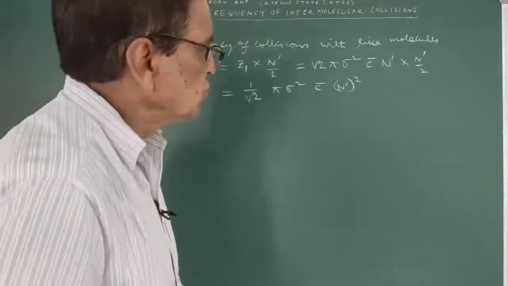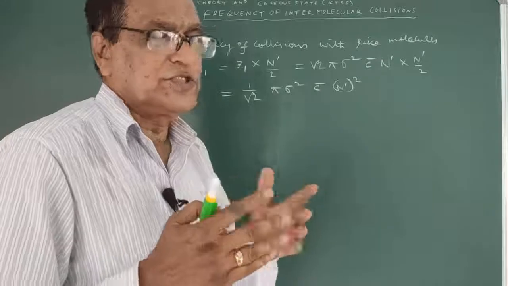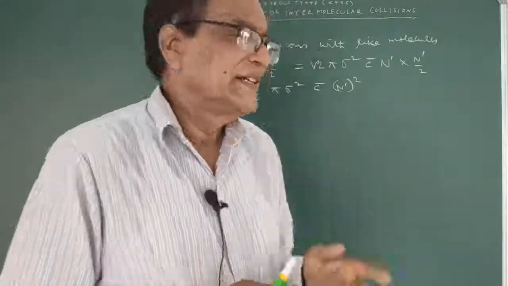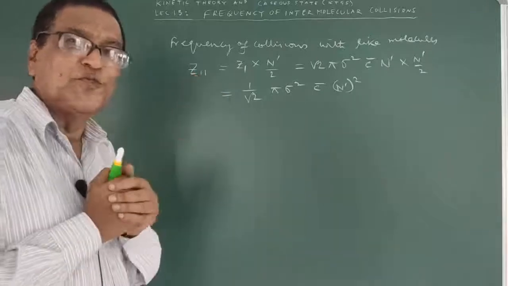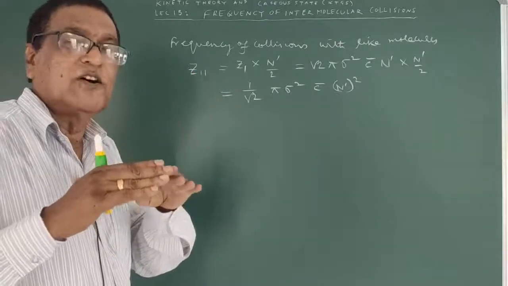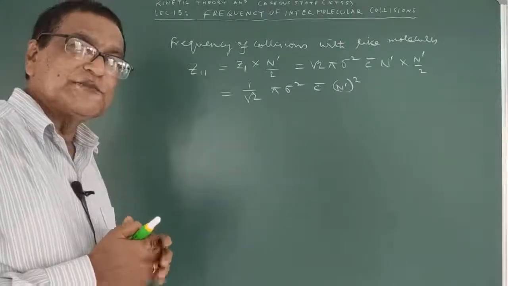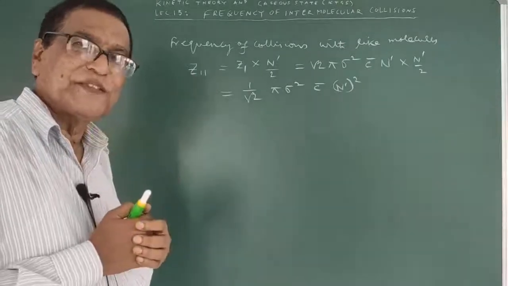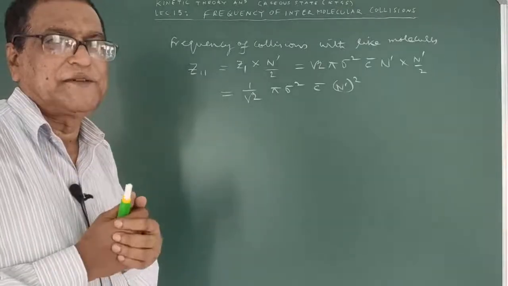Suppose in oxygen gas, this will be the frequency of collisions between oxygen molecules only, but in nitrogen gas, it will be the frequency of collisions between nitrogen molecules per cc, or per unit volume per unit time.